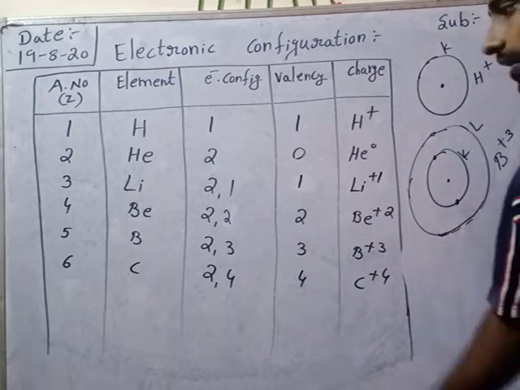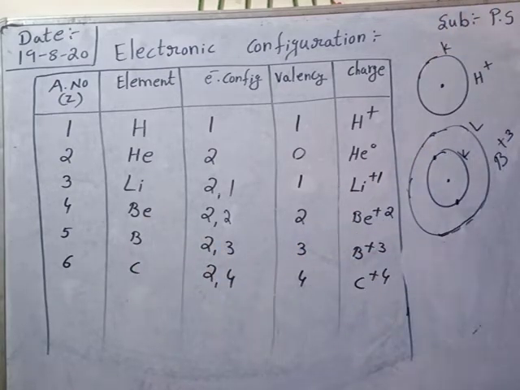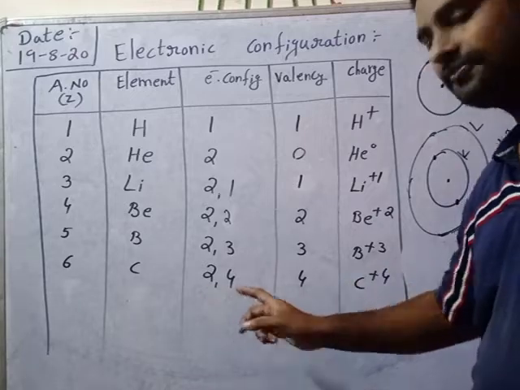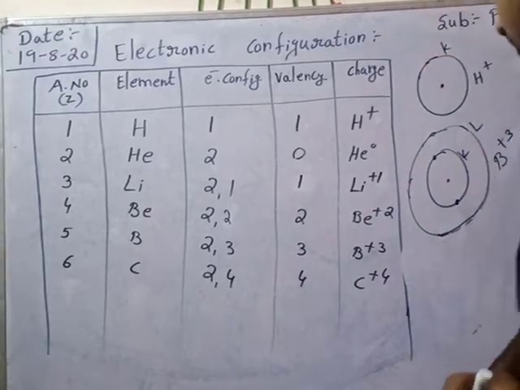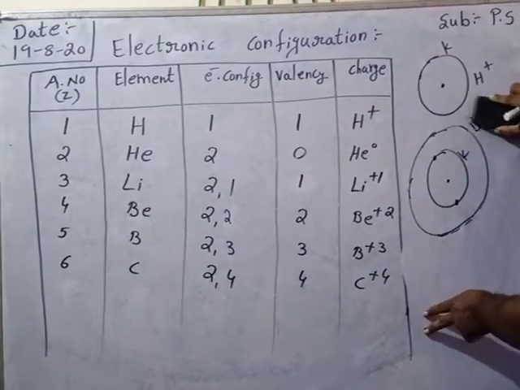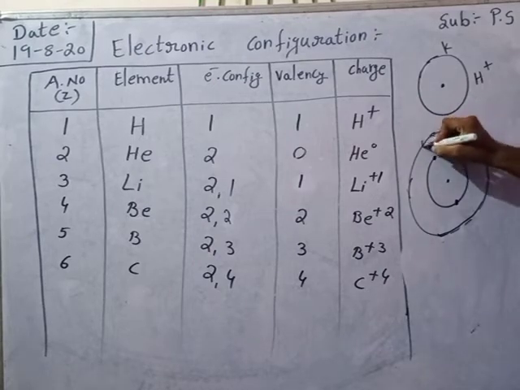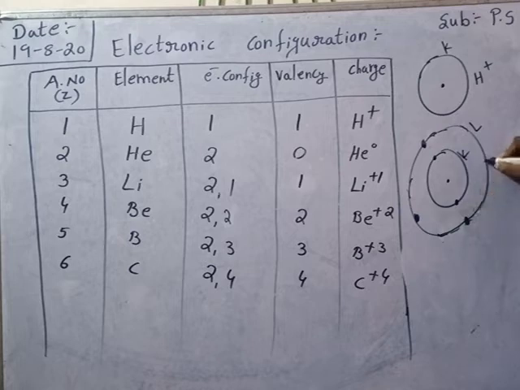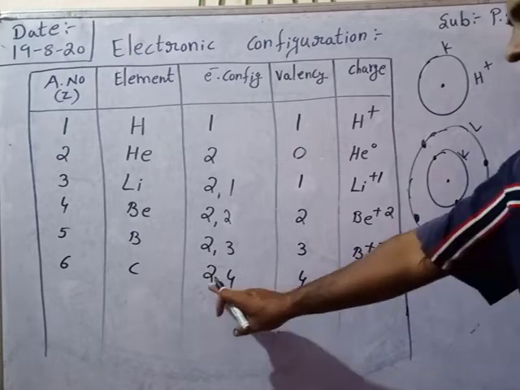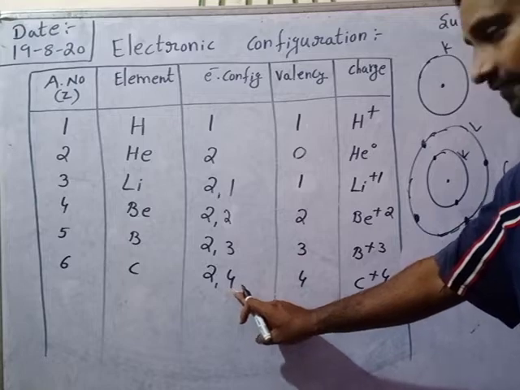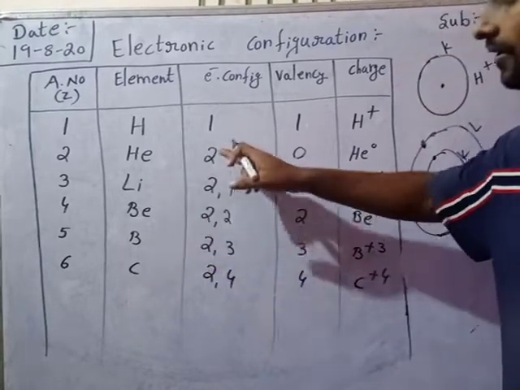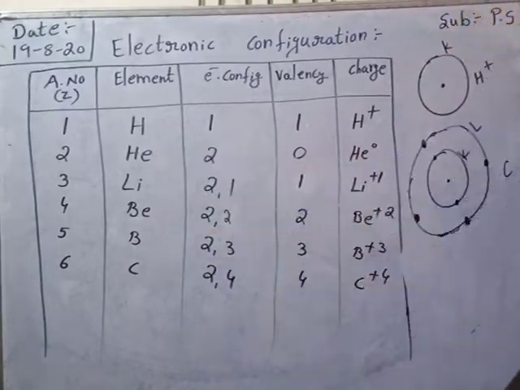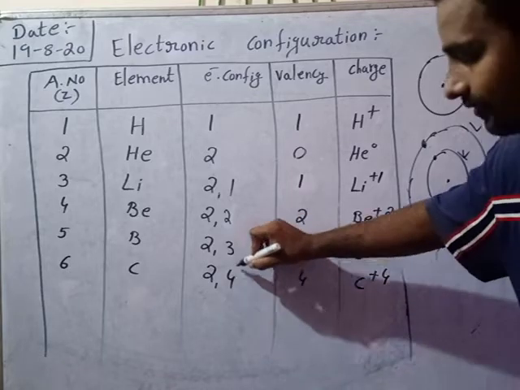Clear all of you? Now take carbon. Carbon electronic configuration is 2, 4. The carbon outermost shell has 4 electrons. If carbon reaches the electronic configuration of helium, it loses 4 electrons.